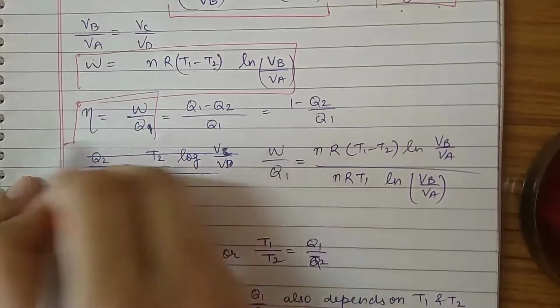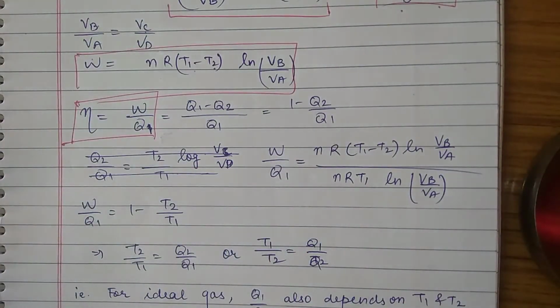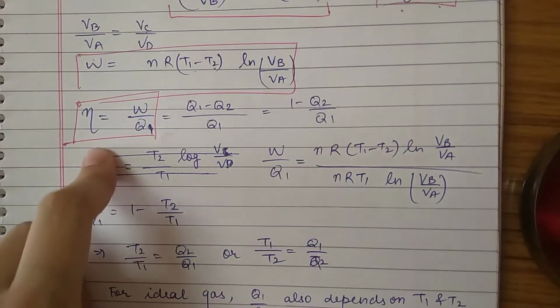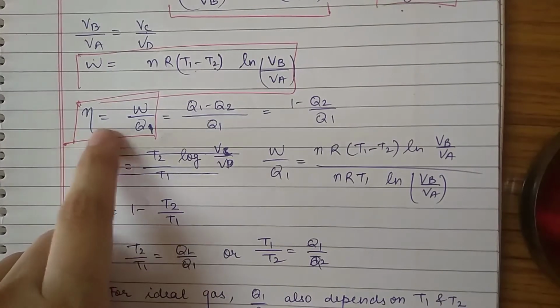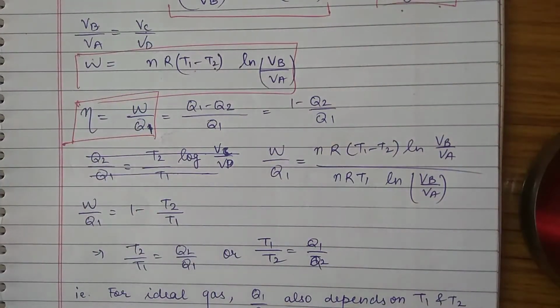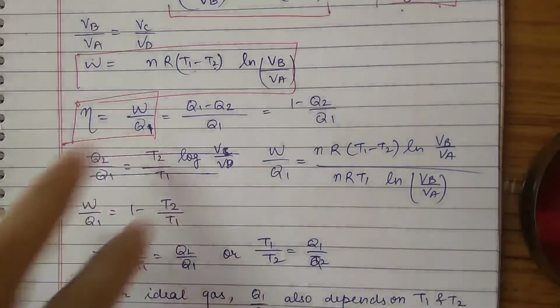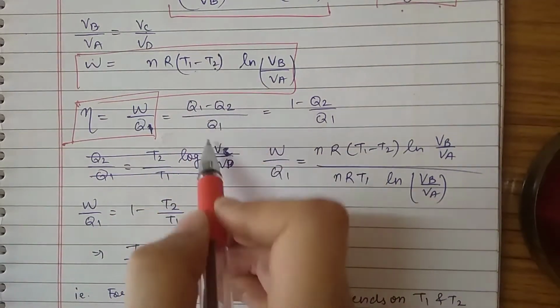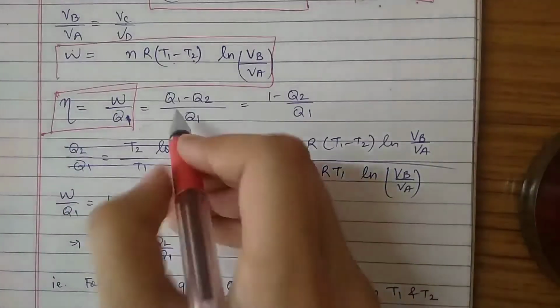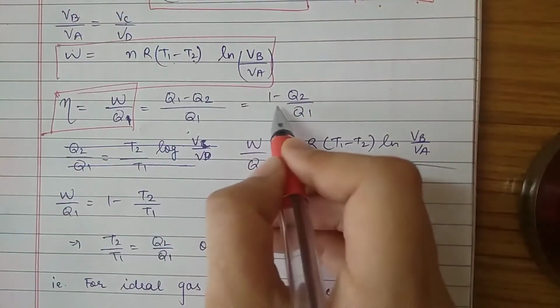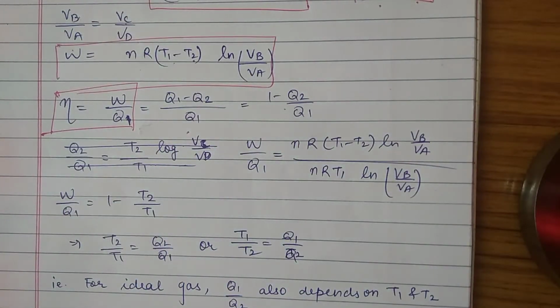So efficiency, as the Carnot heat engine is used to give the efficiency of a heat engine, we can find the efficiency by this formula: eta is equal to W upon Q1. Now we know that W is equal to Q1 minus Q2, so eta is Q1 minus Q2 upon Q1, and after solving this we can write 1 minus Q2 upon Q1.